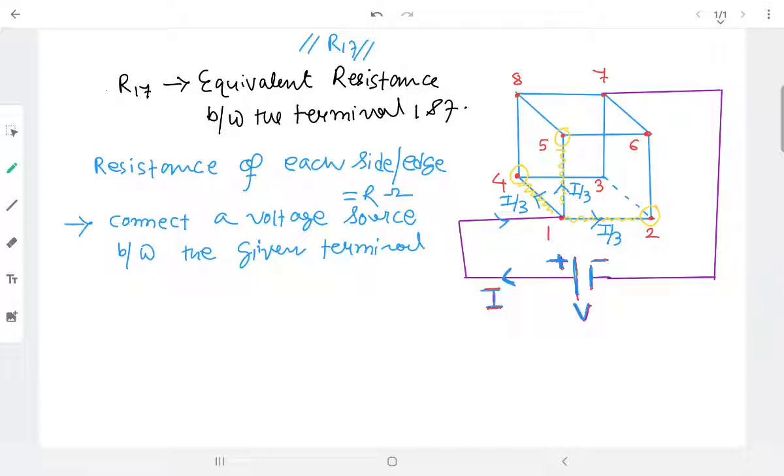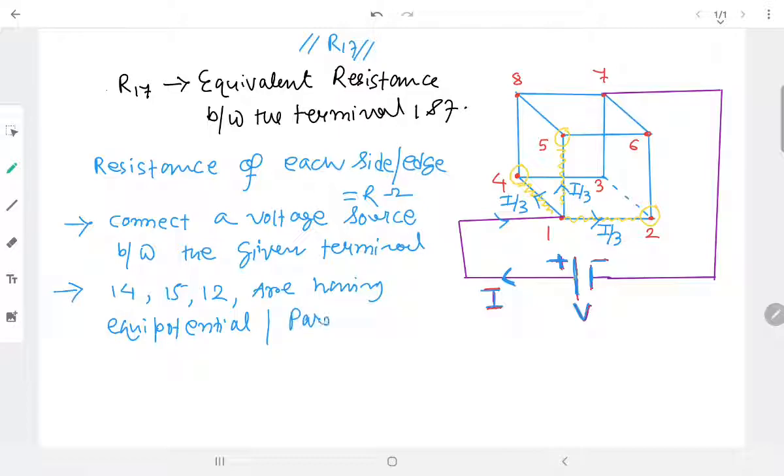So we need to understand that the edges 1 4, 1 5, and 1 2 are having equipotential, or they are parallel. Equipotential, that means they are parallel.